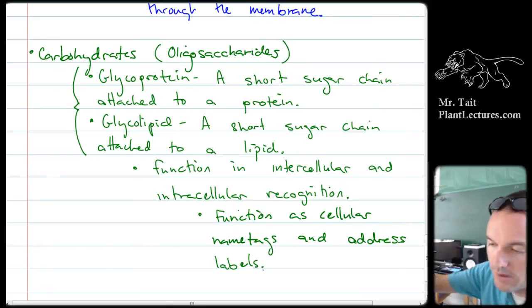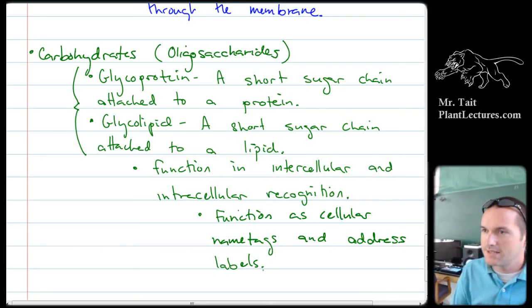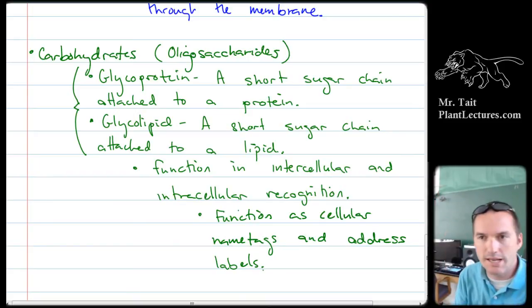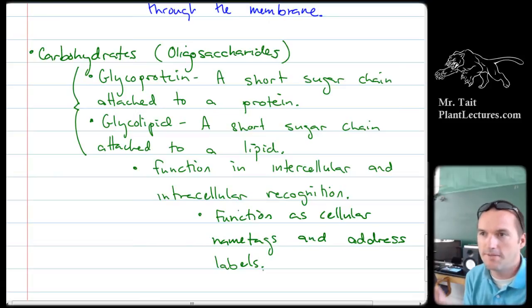So, for instance, all the cells in my body have bunches of glycoproteins and glycolipids on them, and they say all kinds of stuff. But in the most general sense, all of my cells say I belong to Mr. Tate. They've got a name tag that says Mr. Tate's cell, and then they also have a name tag that says specifically what organ or what part of my body they belong to.